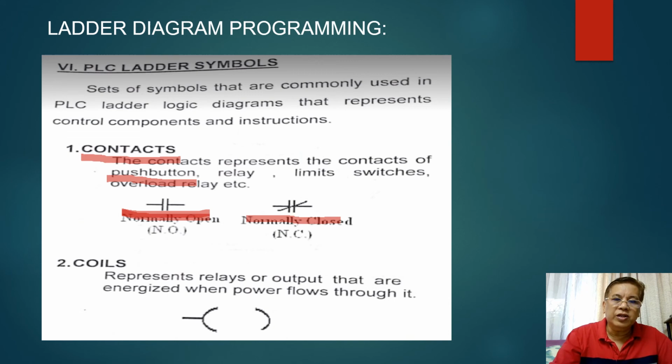If the sensor is energized, then it will have to be represented by a normally closed contact. That is for the input part of your PLC ladder diagram programming.